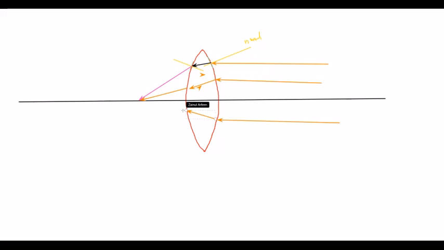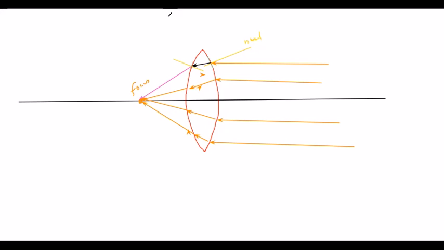When these light rays converge at one point, what do we call that point? We call that principal focus, or we can say focus. So when all the light rays converge at one point, we call that point principal focus or focus.